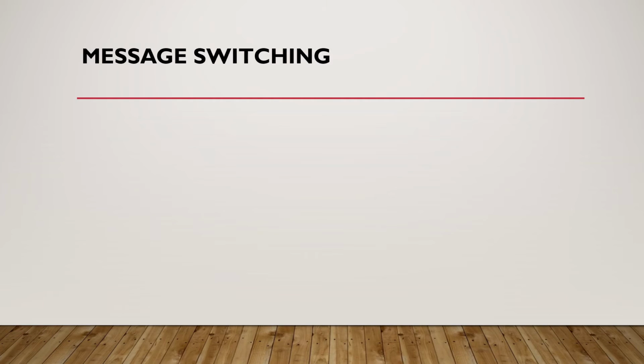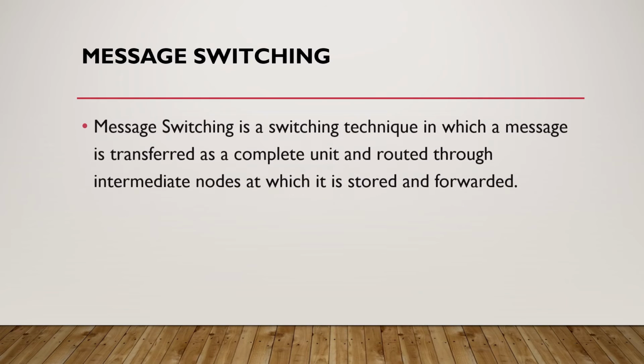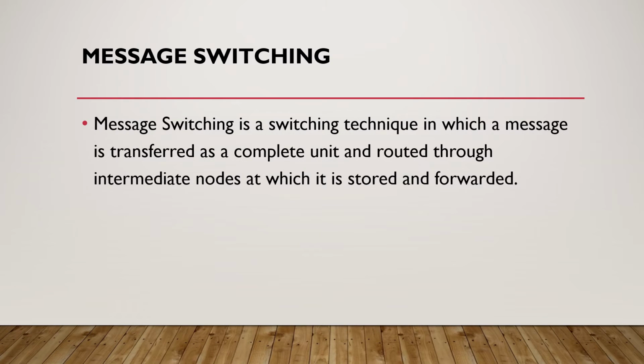The next is message switching. In the message switching technique, there is no establishment of a dedicated path between sender and receiver. Instead of establishing a dedicated physical line between sender and receiver, the message is sent to the nearest directly connected switching node.